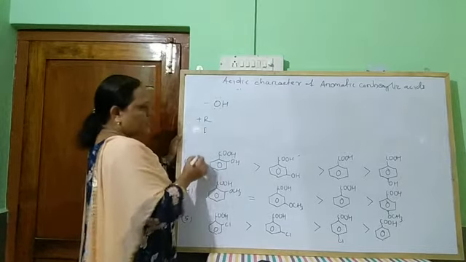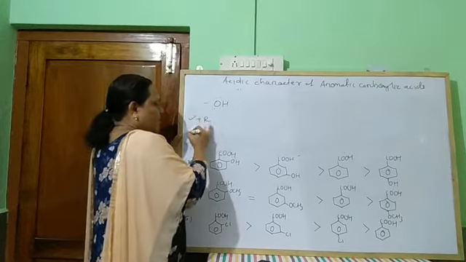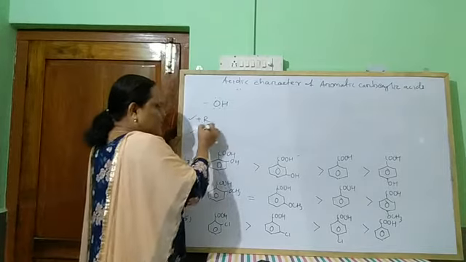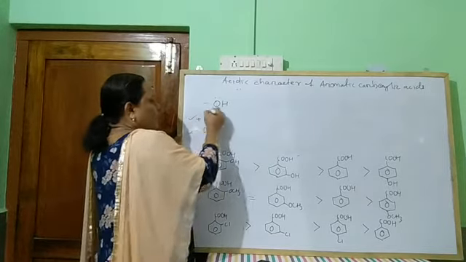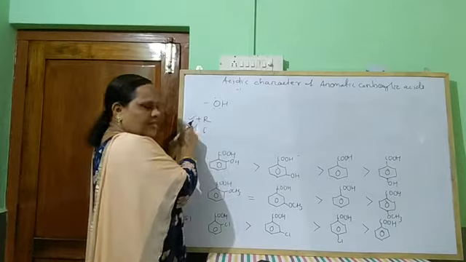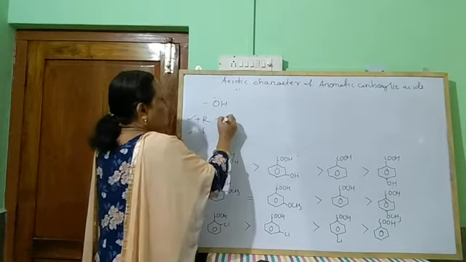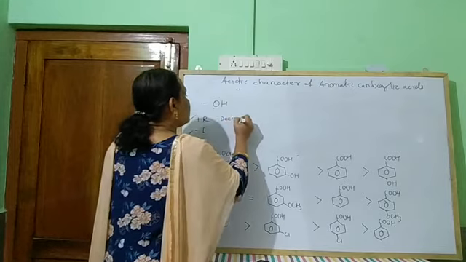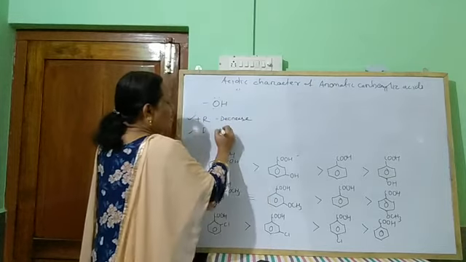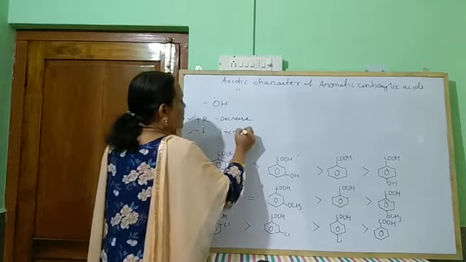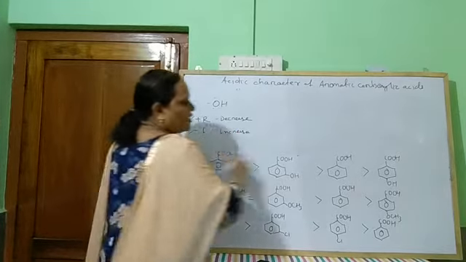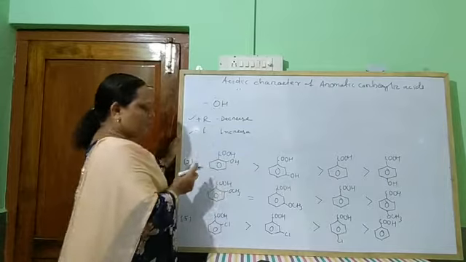In hydroxybenzoic acid, it has plus R and minus I effect. So minus I effect increases the acidic strength, whereas plus R effect decreases the acidic strength. They combine these two effects in hydroxybenzoic acid.